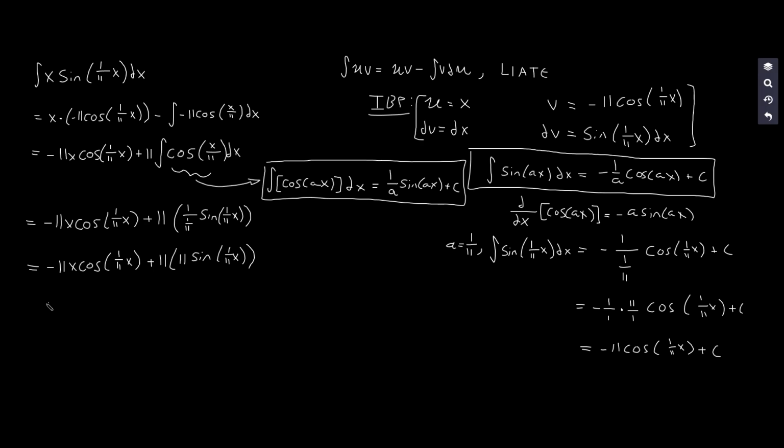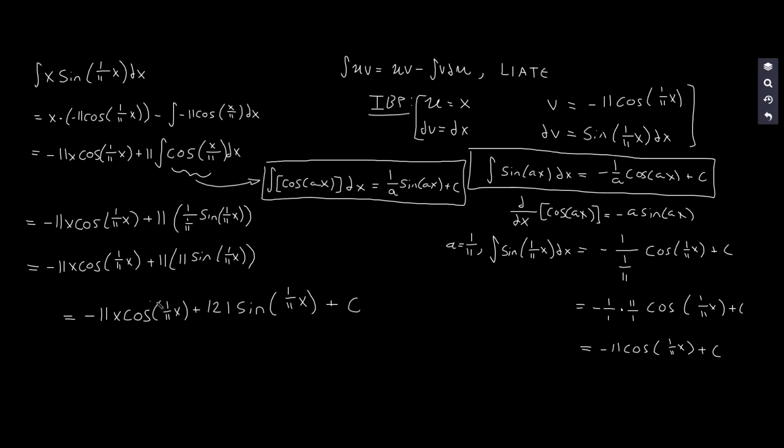Well, and then if we just continue working through this, negative 11 times x times cosine of 1 over 11 times x. Well, 11 times 11 is 121, so we're going to have 121 times sine of 1 over 11 times x plus c.